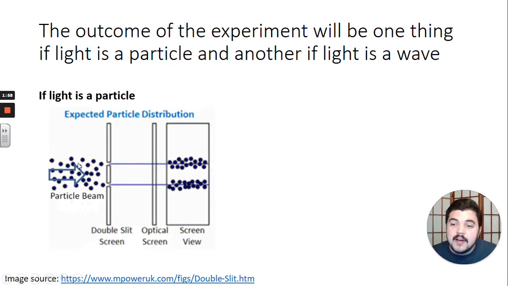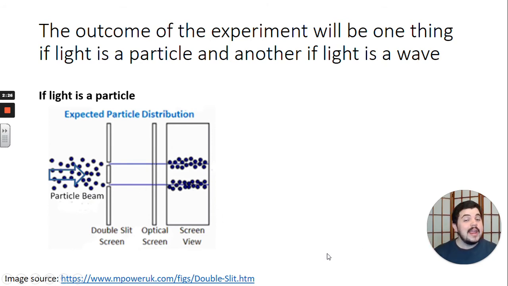The beam of light particles are going to be incident on our double slit screen, and only the ones that pass through the holes are going to go straight through. On our optical screen, you're going to see two bright lines that correspond to the two slits, right? This bright spot corresponds to this slit. This bright spot corresponds to the bottom slit.